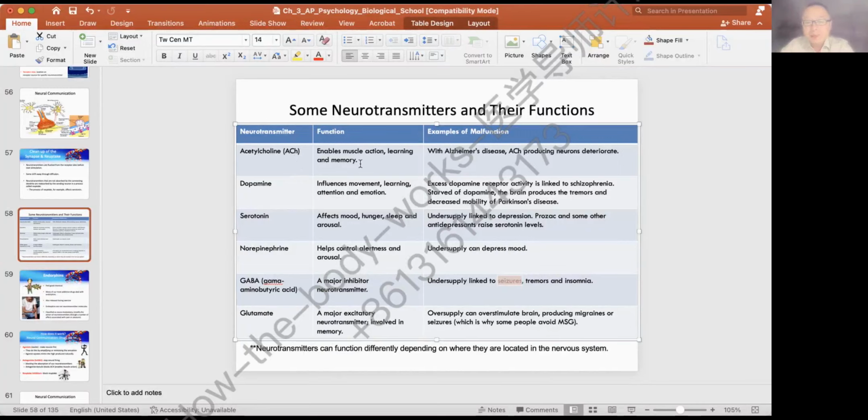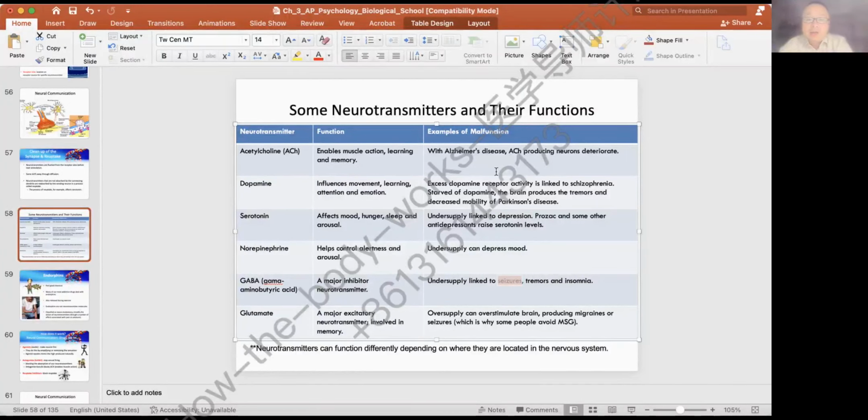It enables muscle action, learning, and memory. If it malfunctions, maybe the person will develop Alzheimer's disease, or ACh-producing neurons deteriorate.